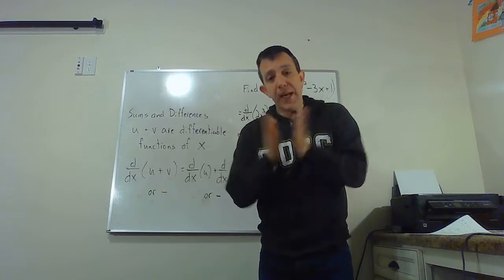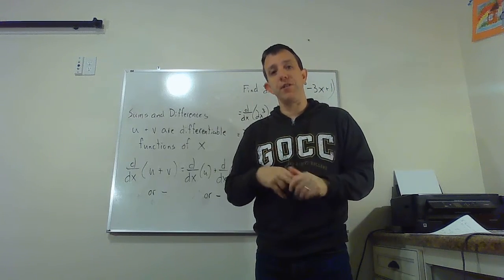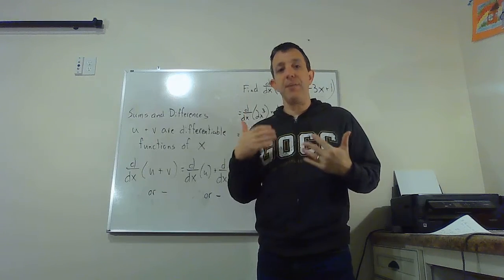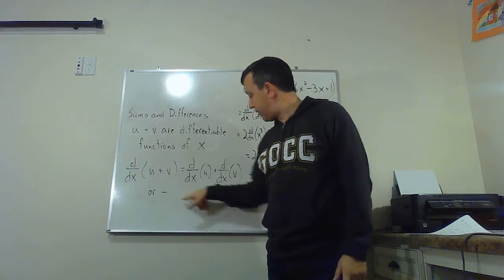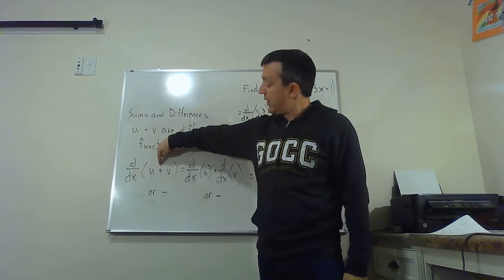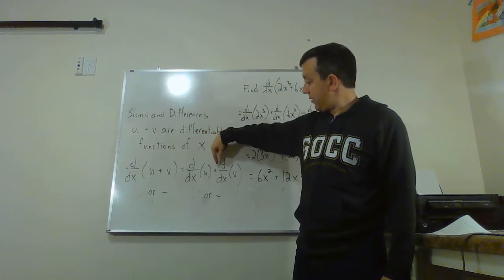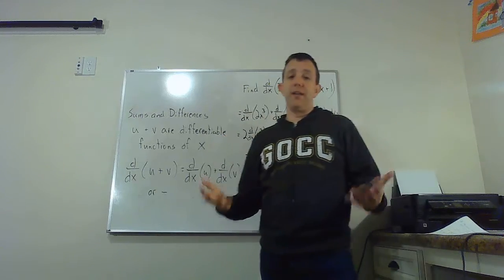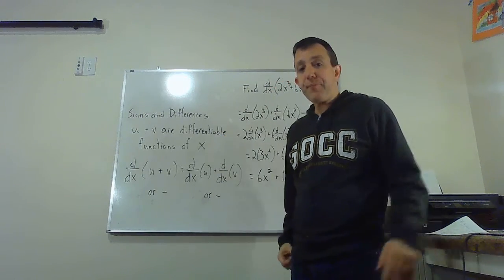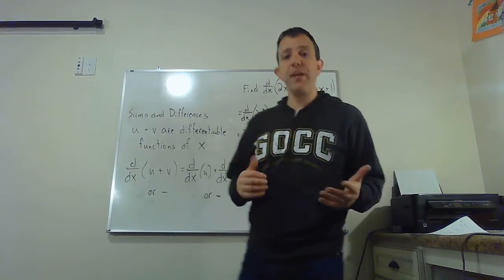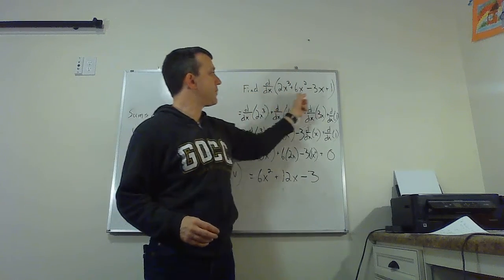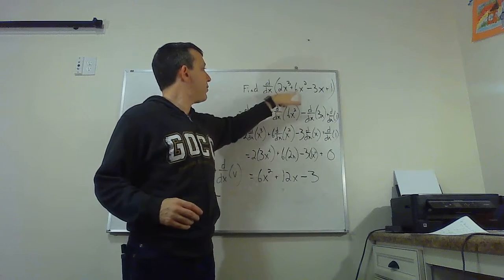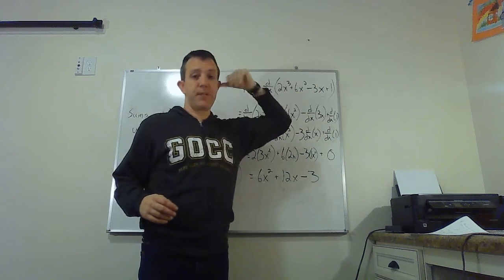Basically, you can take your functions in pieces that are separated by either addition or subtraction. Now, you'll notice I also wrote underneath here or minus. So you can replace this and have u minus v and then a minus sign in the middle here, and it all works just as well. And this is really nice because we get big messy looking things like find the derivative with respect to x of this polynomial, 2x cubed plus 6x squared minus 3x plus 1.